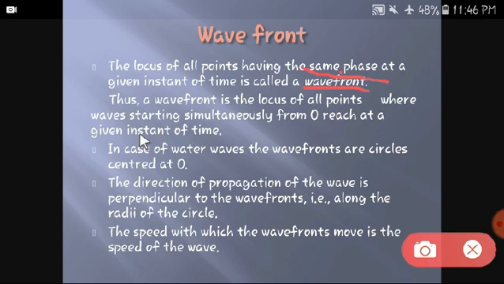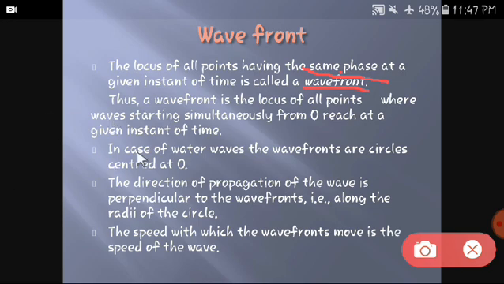In the second sphere, the points at the same distance from the stone have the same phase, and likewise for the third. But the first and second are not in the same phase, they have different phases. Only one circle, and the points in that circle will be in the same phase of motion.